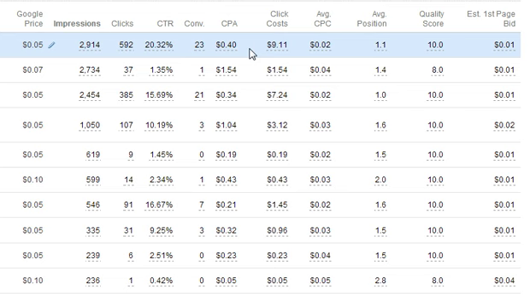I want to talk a little bit here about the analytics and looking at it. A keyword that converts well in position 2 sometimes doesn't convert as well in position number 1, or it converts the same but at a higher price. So it's something to keep track of.